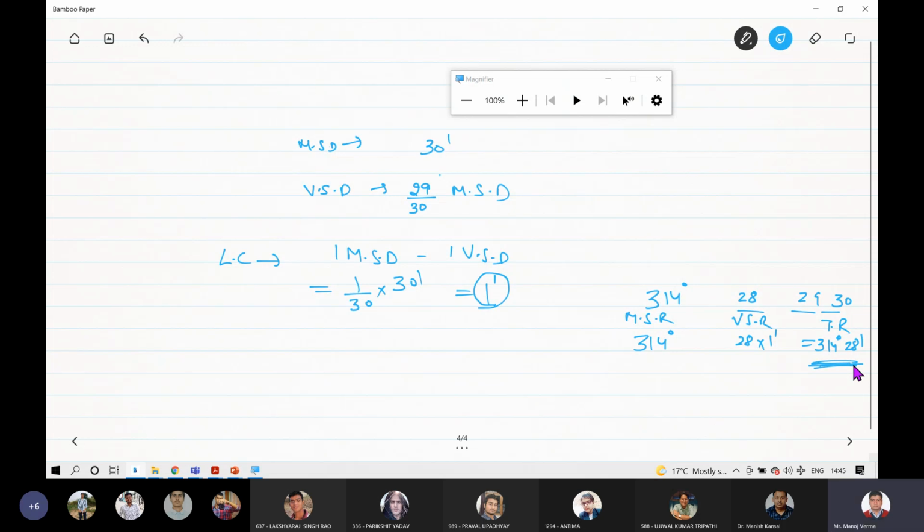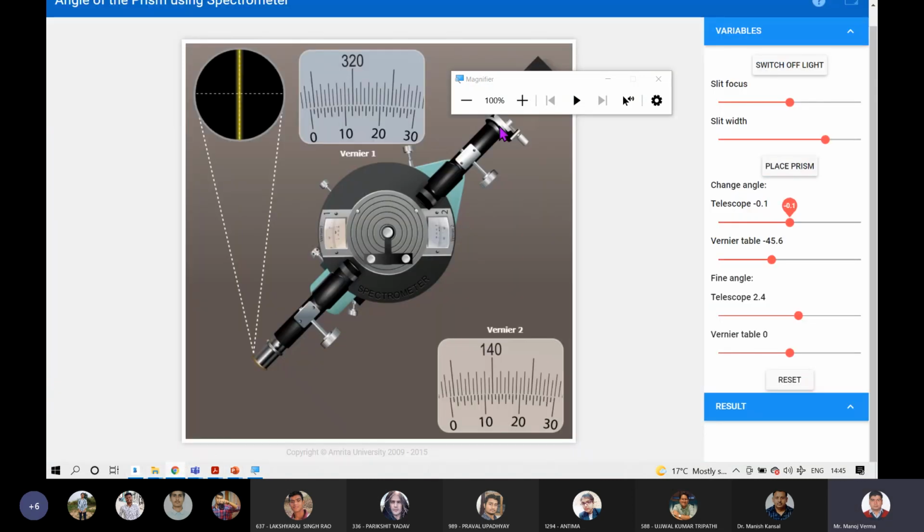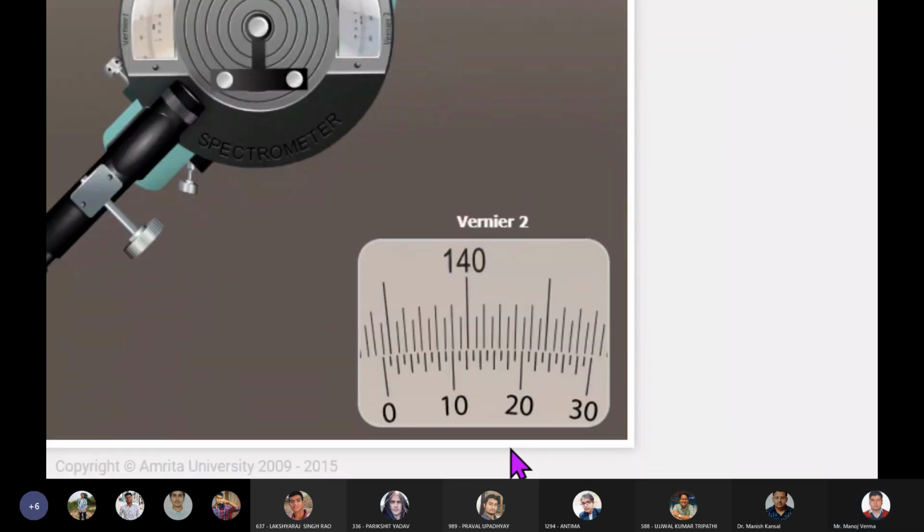You have to write main scale reading, vernier scale reading, and then calculate the total reading. Right now, on the same position, I just want to find the observations on vernier 2. Can you tell me what are the observations on vernier 2?